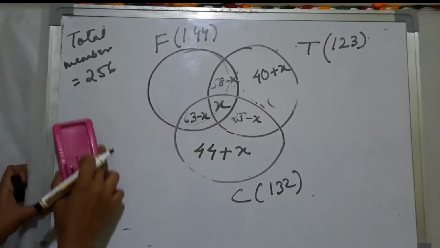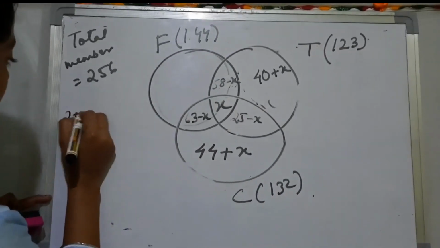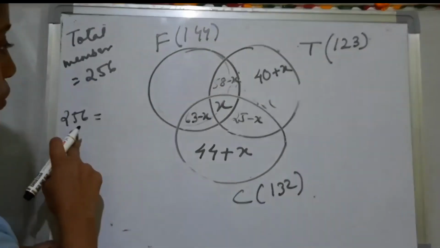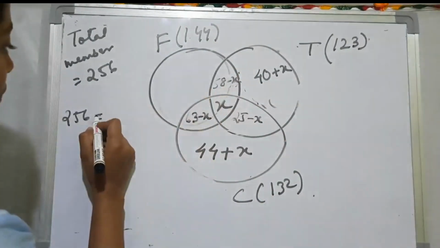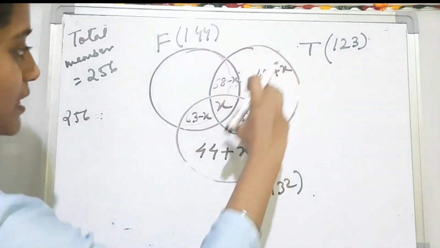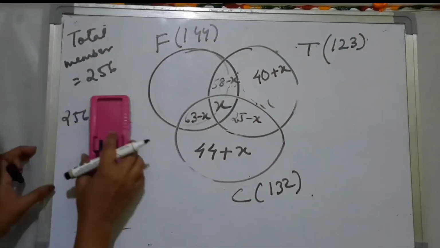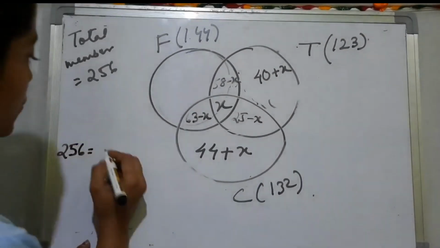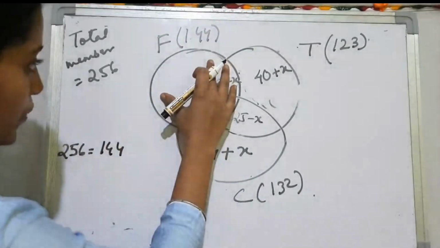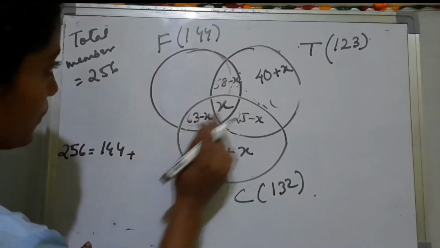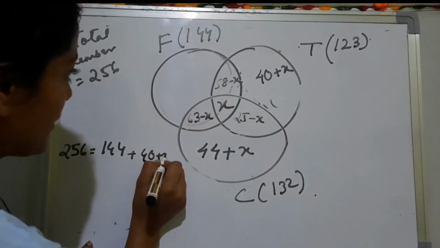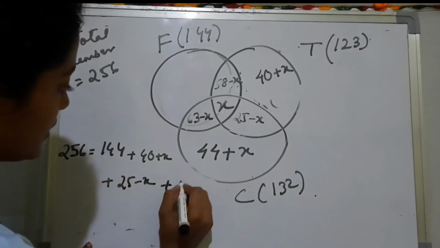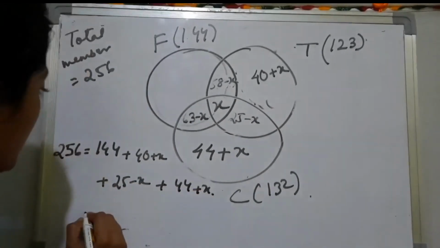Sorry, we have 256 members. So 256 members equal this plus this plus this: 144, this football 144, plus 40 plus x plus 25 minus x plus 44 plus x.